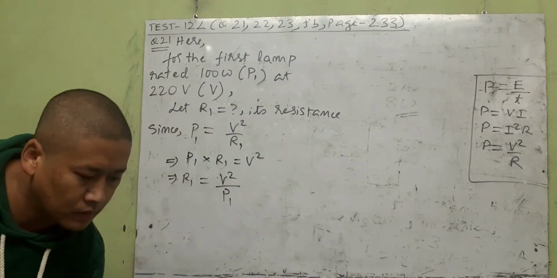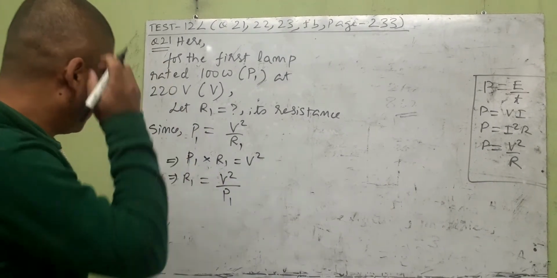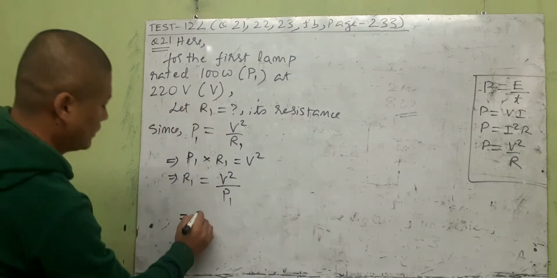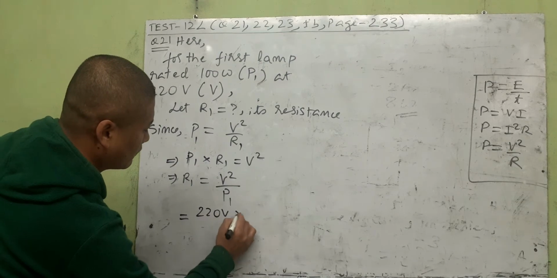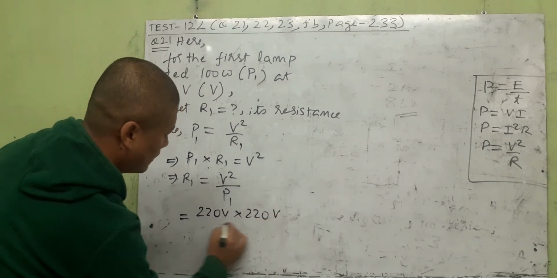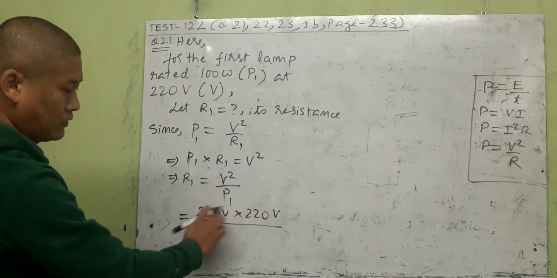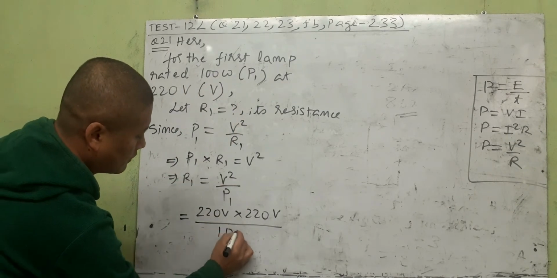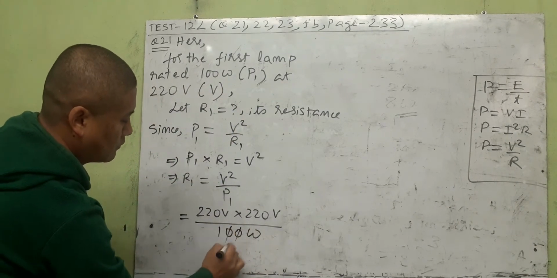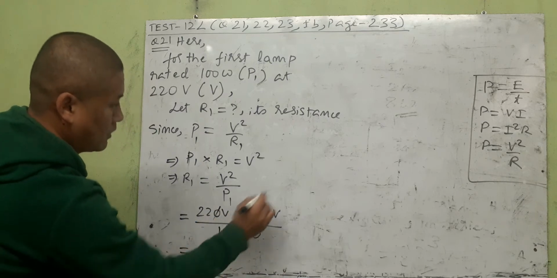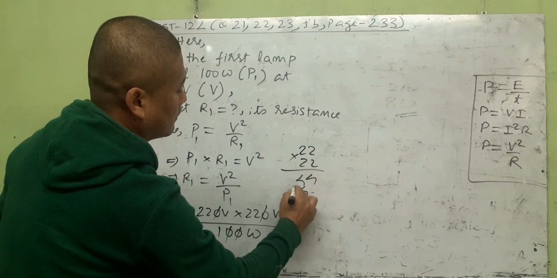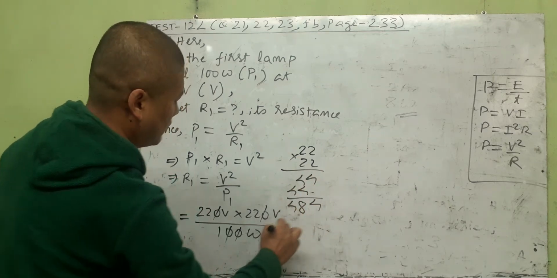Okay, so R1, if you were to put the right values, then V is here 220, so 220 volt into again 220 volt, because V square, so 2 times we have to write, P1 is, as you can see here, 100 watt. So 22 into 22, multiply this, 484.